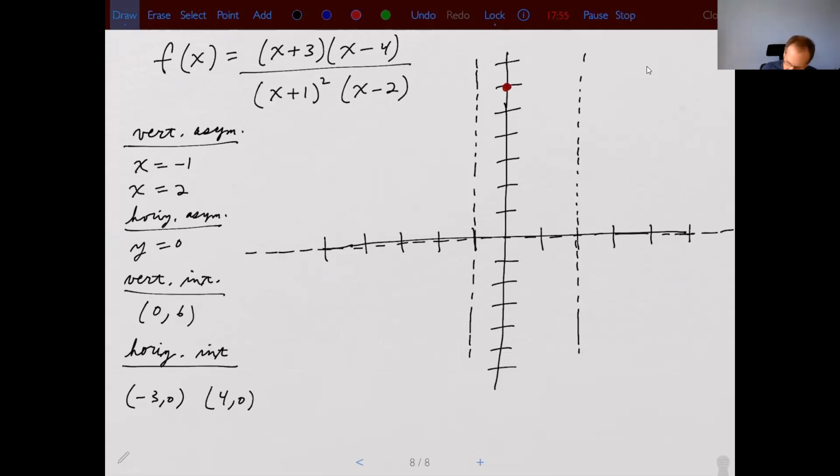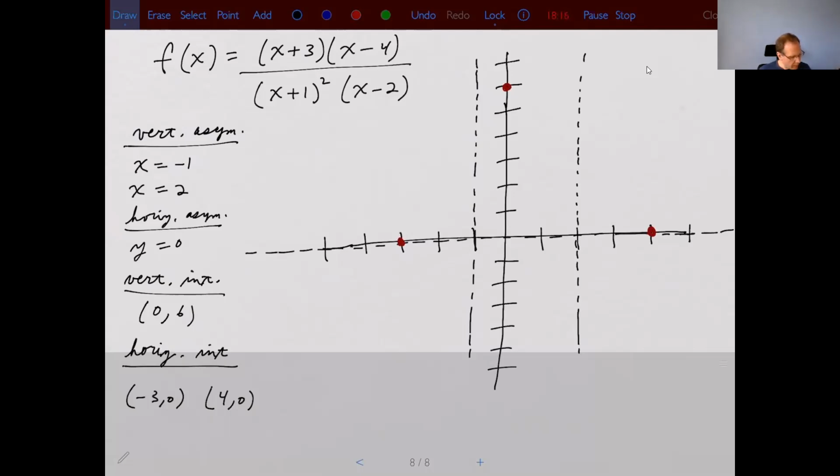Okay, so horizontal intercepts at -3, 0, so that's right here, and then 4, 0. Okay, so what does this function look like?